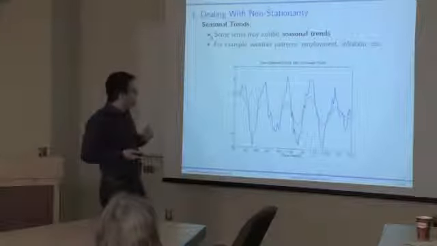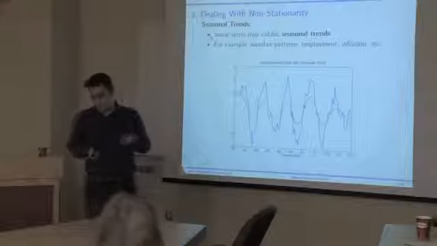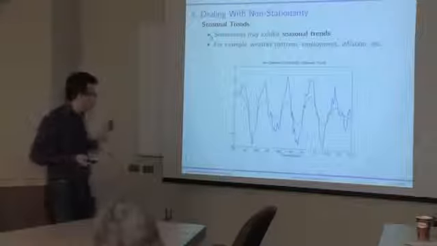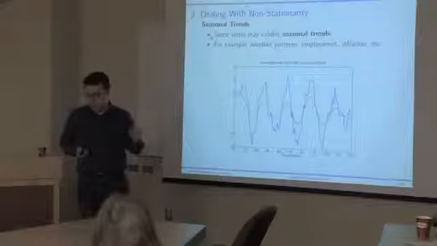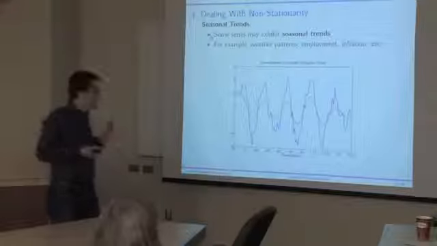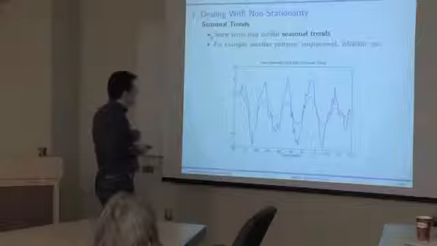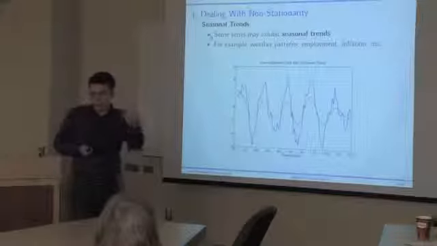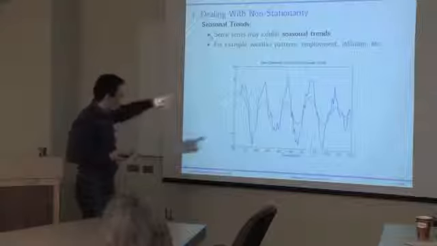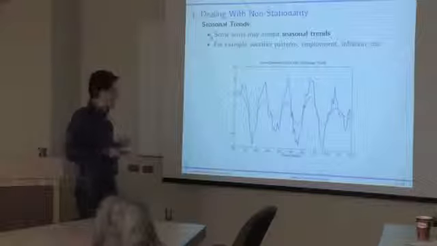If you look at economic data, such as output, you may see that output will fluctuate, but not at an annual frequency, but at some longer frequency corresponding to the business cycle. So there may be trends in the data which are not exponential, not linear, but which in fact appear to be cyclical.